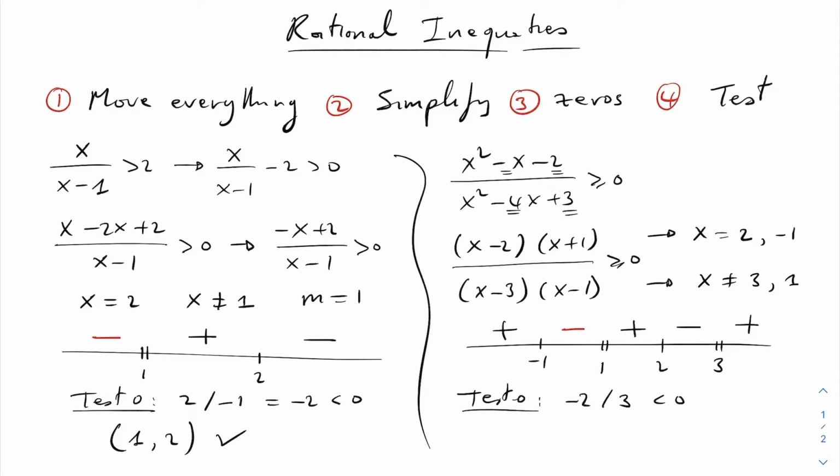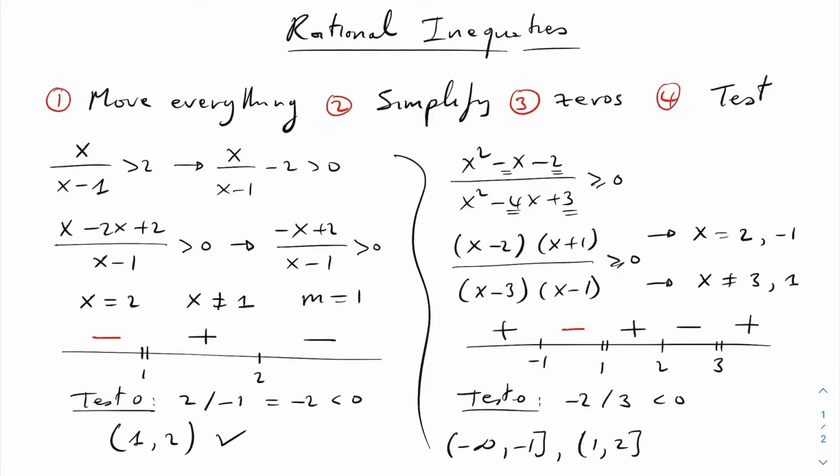And since I'm looking for the positive portions of my number line, including the endpoints because of the equal sign, my solution is simply going to be going from negative infinity to negative 1. Of course, open at infinity because always, and closed at negative 1 because of the equal sign. And then I'm going to have from 1 to 2.